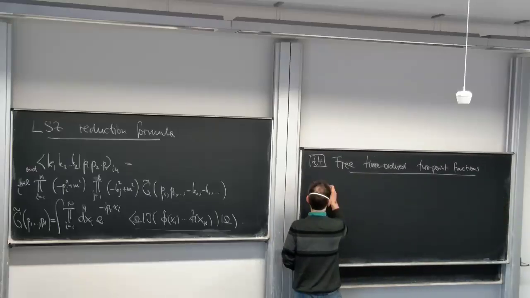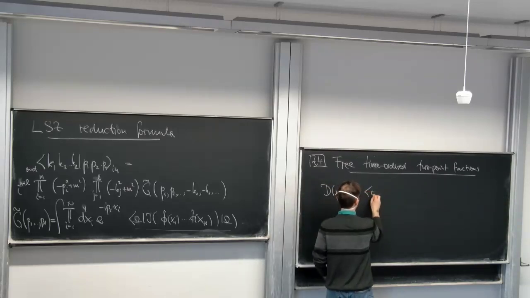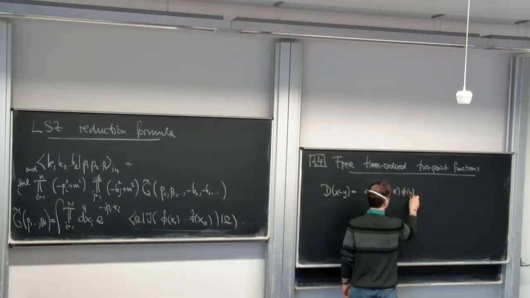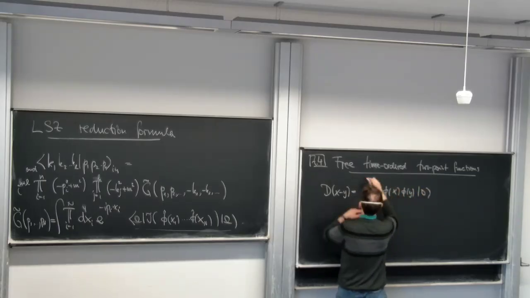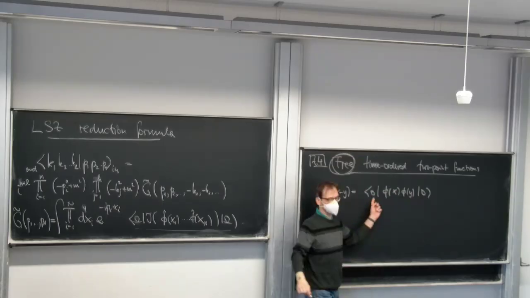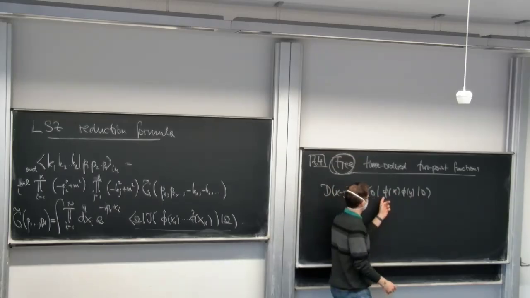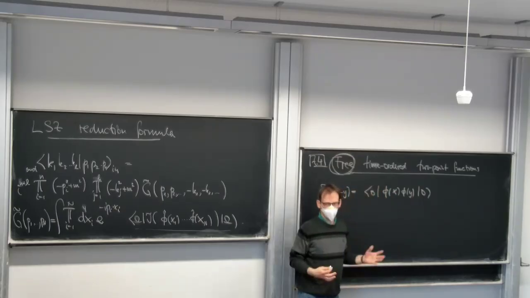We've made two definitions. D of x and y is this expectation value. And here we're talking about the free theory, so there's this normal vacuum, everything is easy. These have the normal mode expansion that we had, and everything's good. We're just learning.